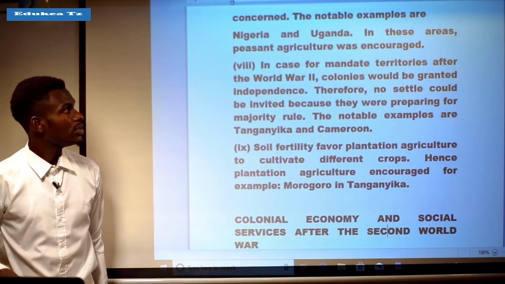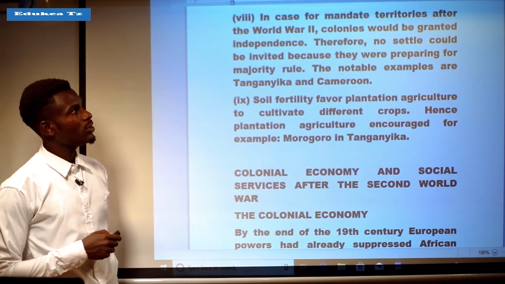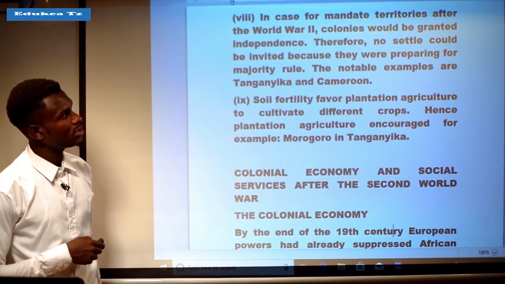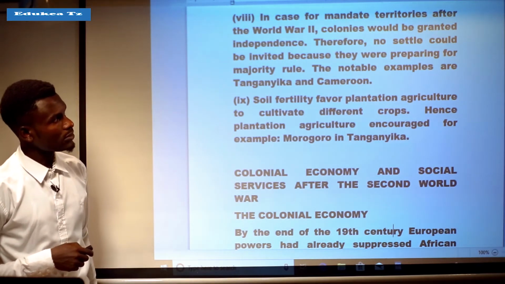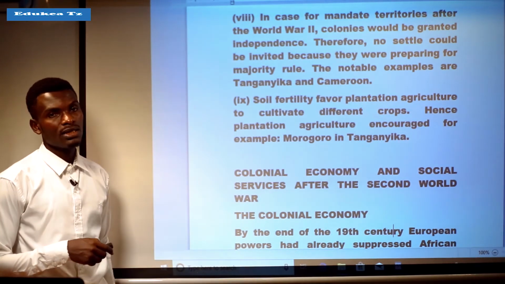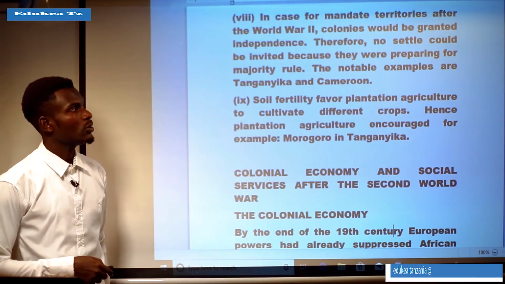In the case of mandate territories after the Second World War, colonies would be granted independence.